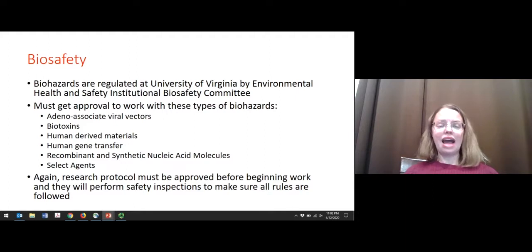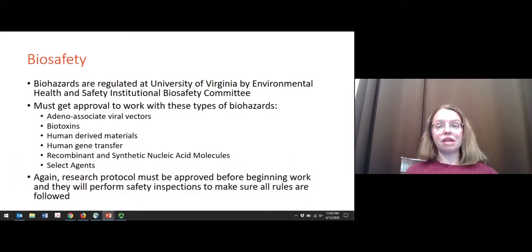The biohazards are regulated by the University of Virginia Environmental Health and Safety Institutional Biosafety Committee, the IBC. And again, what's a biohazard? Here are just a few of them that are listed on their website. Adeno-associated viral vectors. These have become really popular to put in different genes. Some of you are working on fluorescent sensors, and you might use these viral vectors.